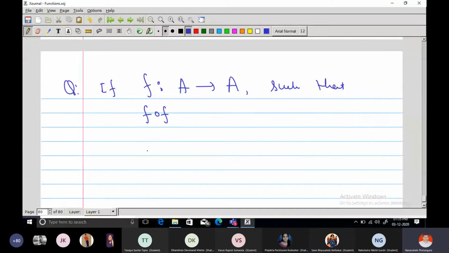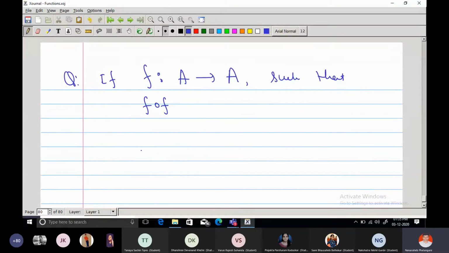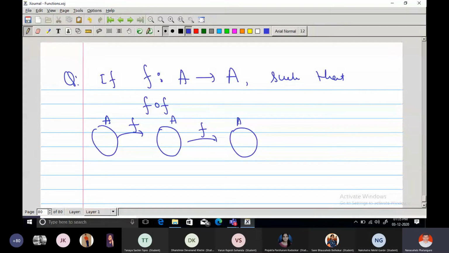What is the domain of f composite f? A. And what is the codomain? A. And I am again applying f, right? Therefore f composite f is a function from A to A, and it is bijective.